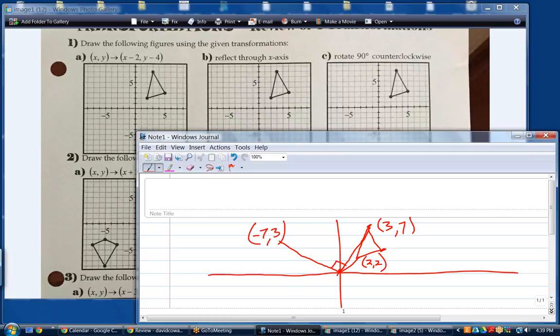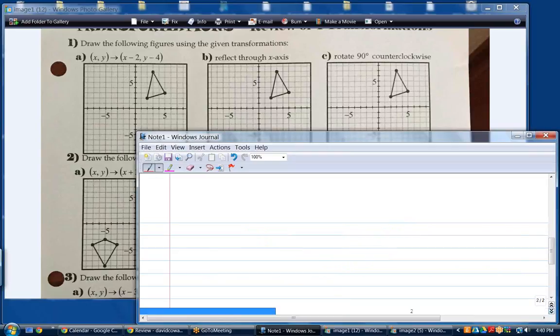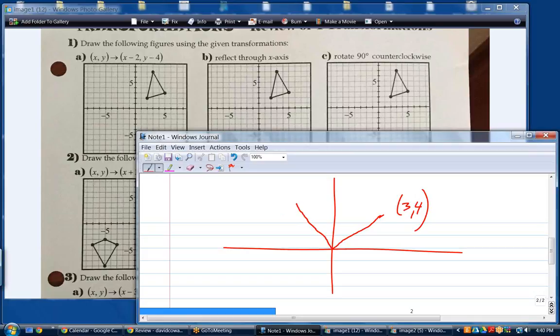And this kind of illustrates a key principle about rotation. And let me see if I can describe it to you. If I said, rotate the point 3, 4, 90 degrees to the left, those two numbers are so close together, 3 and 4, that if I visually do it, I can't actually figure out what the answer is.